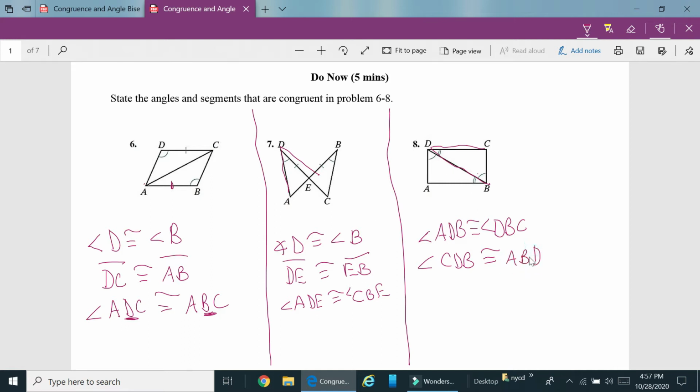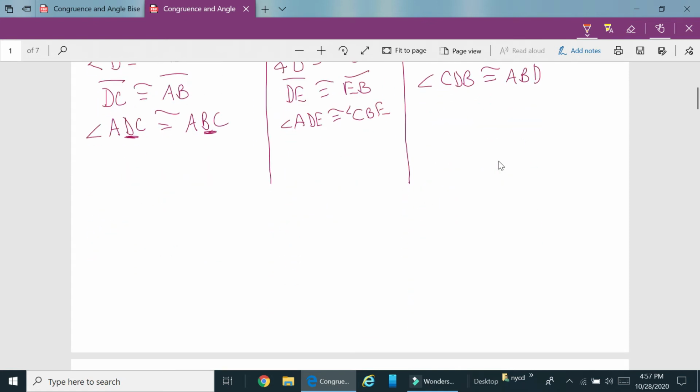ABD. Again, you follow one endpoint and you follow through, which I noticed there's two slashes right there. So two slashes. Okay, they're equal and congruent to each other. And that's the first part. All right, let's go down.